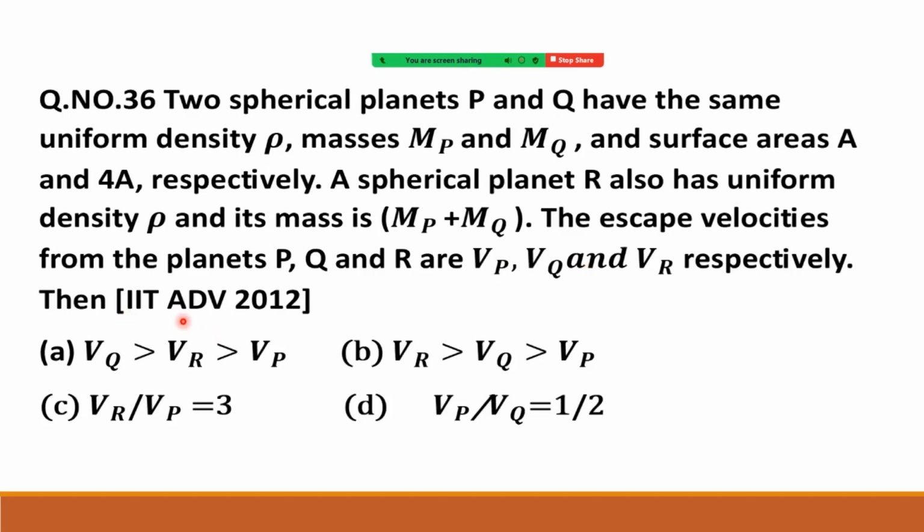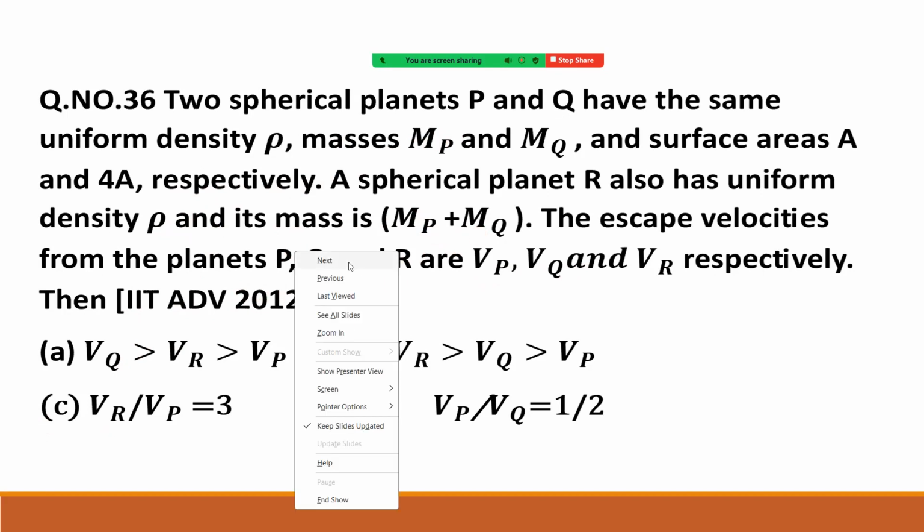This was asked in 2012. We have to verify the relations. So the first key point, we got the radii R and 2R. Now for the third one, the mass is the sum of these two. First write down the given data.